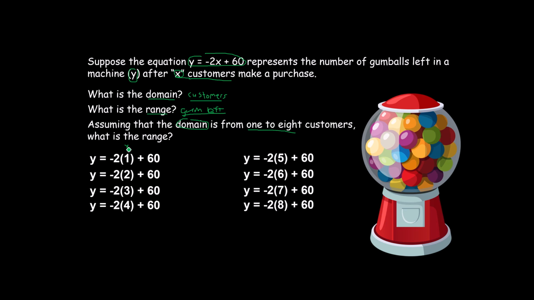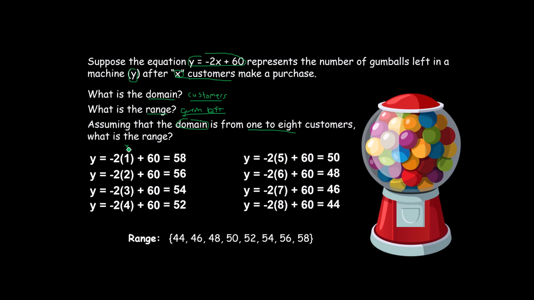Every value in our domain goes into the function, and it spits out the range. The range in this problem is 44, 46, 48, 50, 52, 54, 56, and 58. In other words, if I have 1 to 8 customers, the only possible number of gumballs that's left would be one of these.